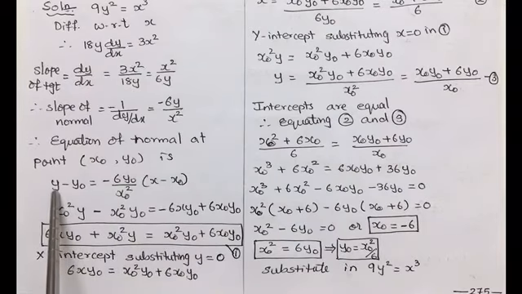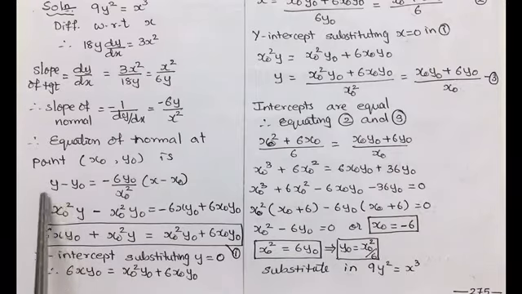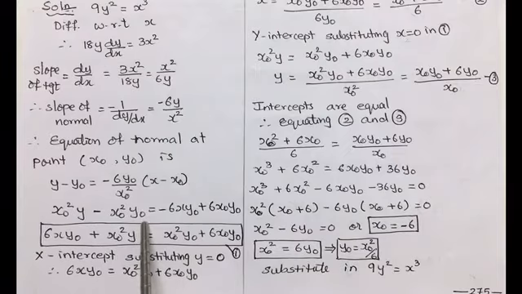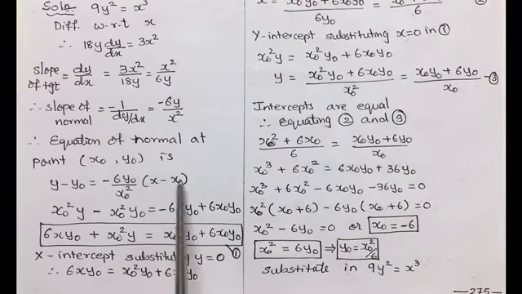Going for the cross multiplication, multiplying x0 square with both y minus y0, the equation becomes x0 square y minus x0 square y0 is equal to multiplying minus 6y0 with both x minus x0, which gives minus 6x y0 plus 6x0 y0.